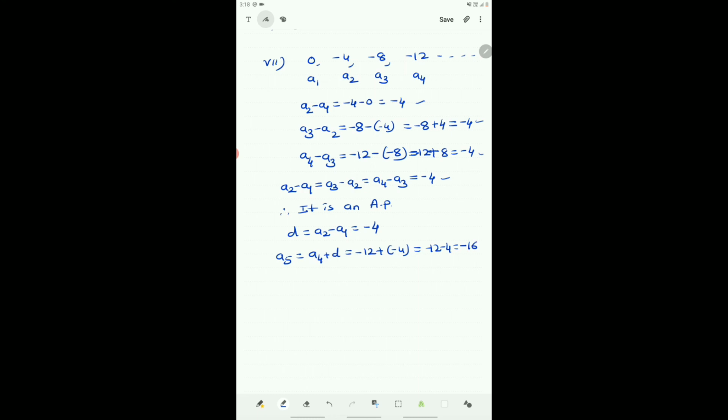A6 is equals to A5 plus D, so adding minus 4 means you can directly write minus 4. Here also you can write this way: minus 16 minus 4 is equals to minus 20.